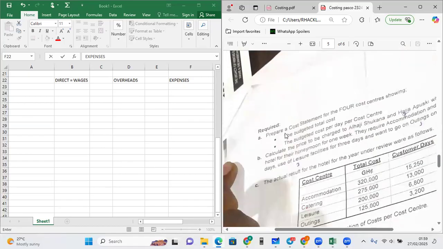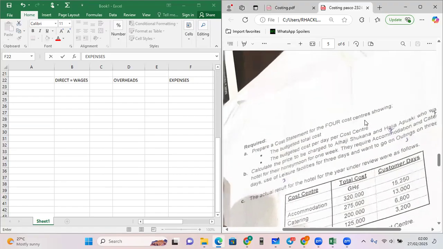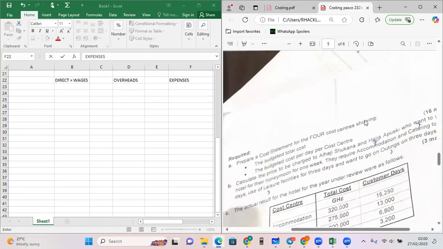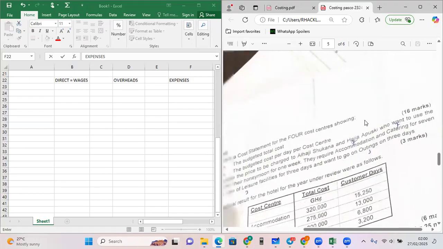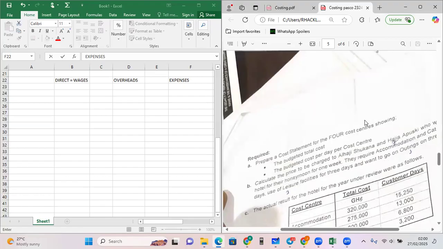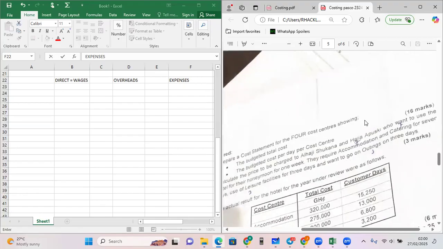Here, they are telling us to prepare a cost statement for the four cost centers, showing the budgeted total cost and then the budgeted cost per day. Then we should also calculate the price charged to Alaji Shikana and Hajia Apuski, who want to use the hotel for their honeymoon for 1 week.